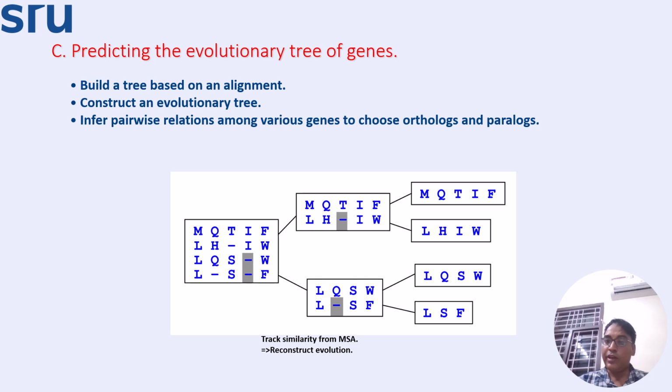But if I have this and I align them, I can always put a gap and keep it here. It means they may be functioning together. So if one of them is performing some network function under some network switch, the other one may also be working under the same condition. Whatever conditions one is undergoing, the second protein partner may also undergo similar constraints in different species. So you can extrapolate that information.